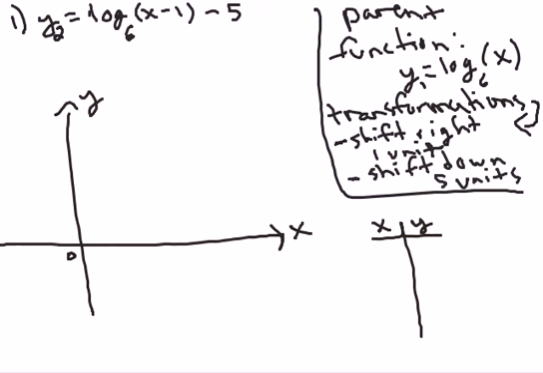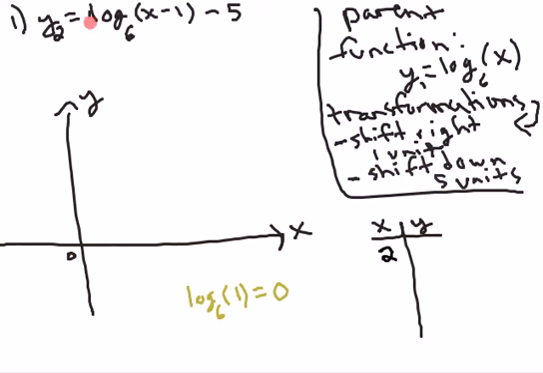But if you look here, if I evaluate this function at 2, in other words plugging in 2 for x, I would get log base 6 of 2 minus 1, which is log base 6 of 1, and we know that log base 6 of 1 equals 0, because 6 to the power of 0 is 1.